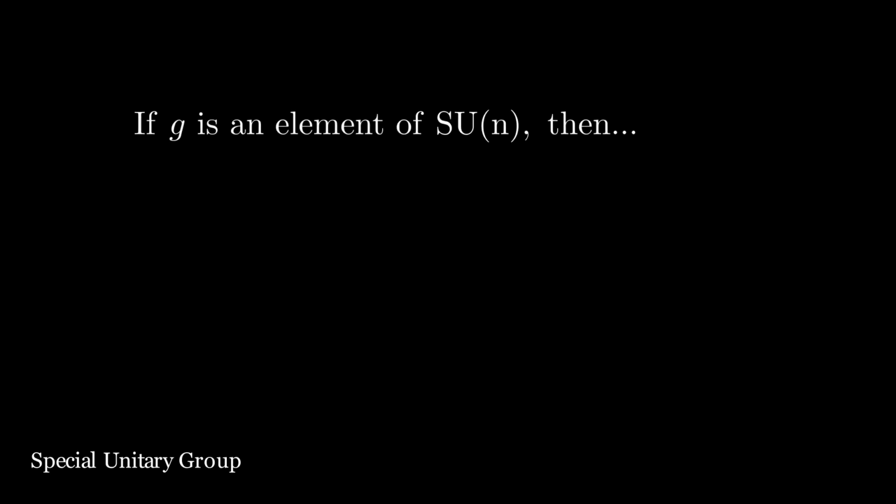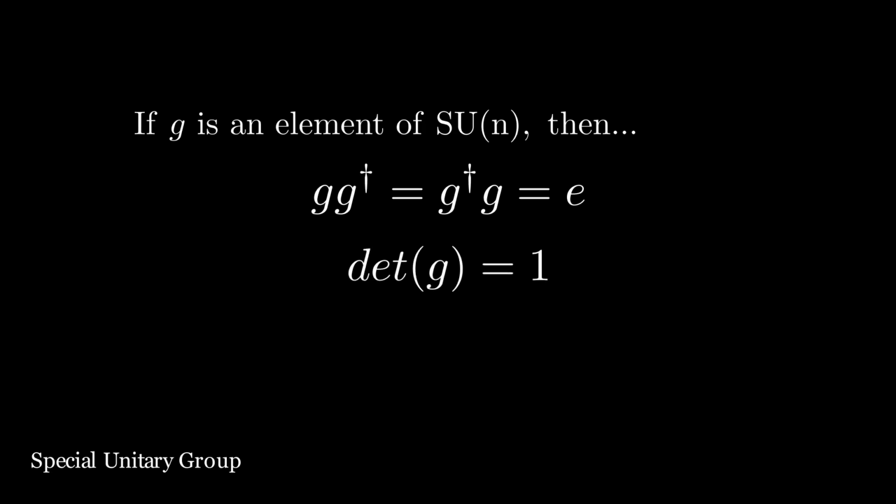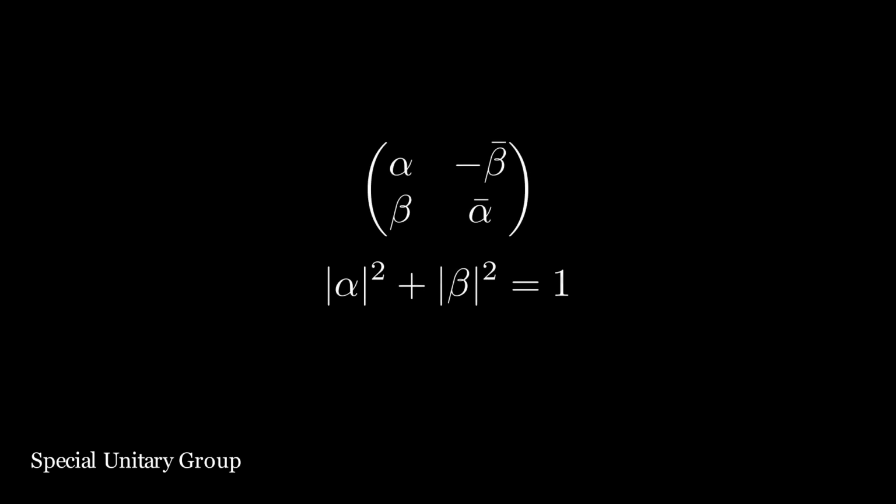SUN is the group of matrices G that satisfy G times G dagger equals G dagger times G equals E, where dagger means the conjugate transpose. In addition, determinant of G equals 1. Especially for SU2, it can be represented using two complex numbers alpha and beta, whose squared magnitudes sum to 1. That is, absolute value of alpha squared plus absolute value of beta squared equals 1.